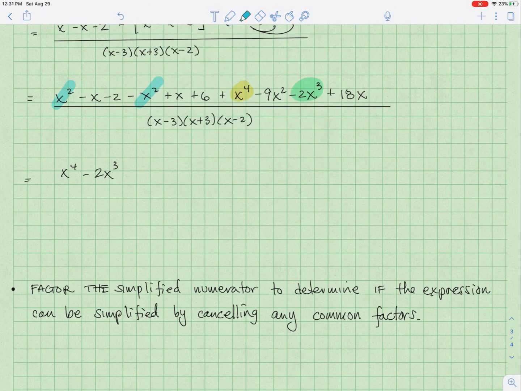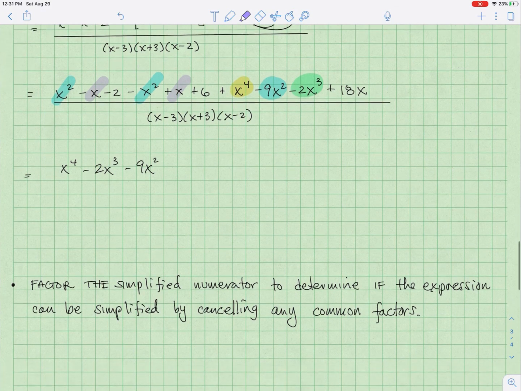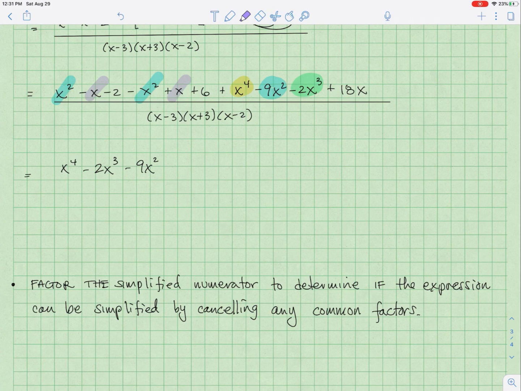We were doing those in blue. Those two canceled. My next square is this guy, negative 9x squared. And then we need to do our x's. Let's see. Negative x, positive x. Those guys are going to cancel. And then I'm left with 18x plus 18x.